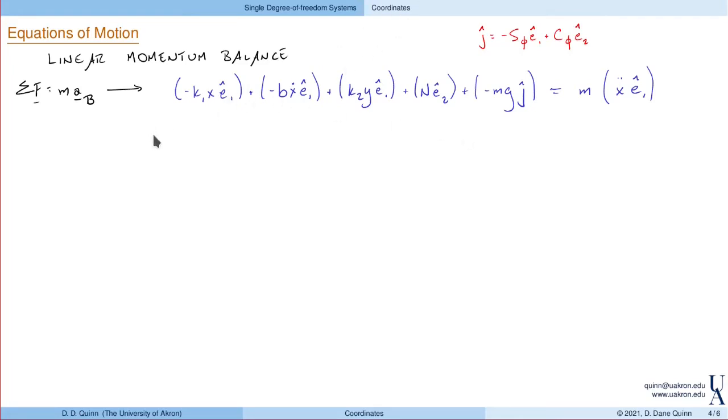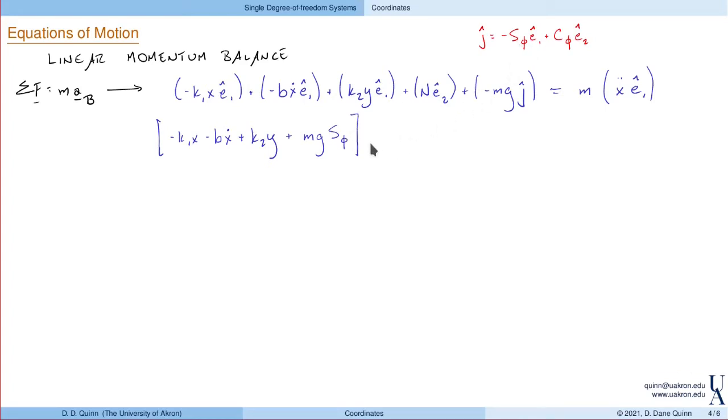So when I come along, I can identify everything in the E1 direction. Well, I get minus k1 x. Here I have minus b x dot. I have plus k2 times y. This is in the E2 direction, so there's no E1 component. For the weight, we have a component that looks like mg sine of phi.